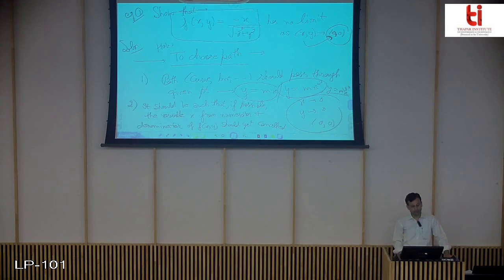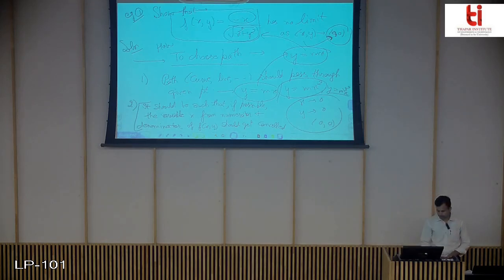Now the second thing says you should choose a path such that from numerator and denominator the variables of x should get cancelled. So you can see, if I choose y equals to mx and substitute this here, I can clearly get rid of variables of x. That is possible at least in this function.